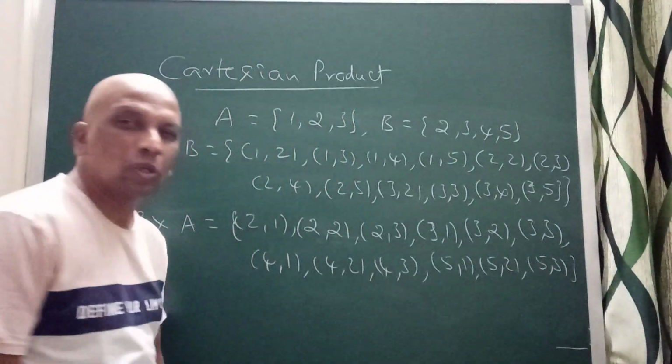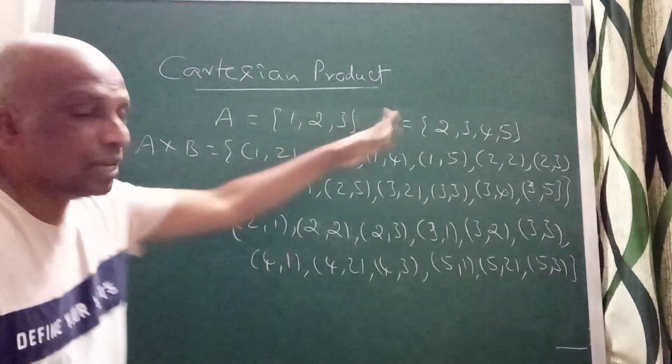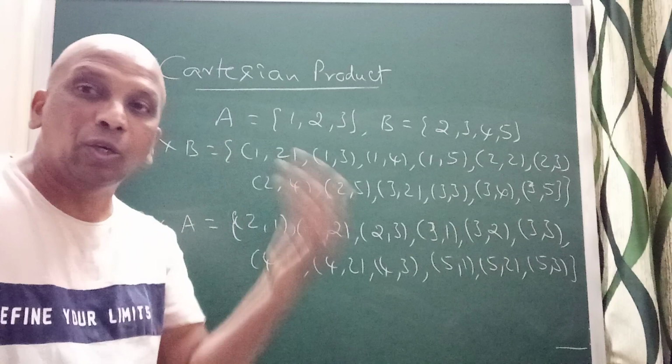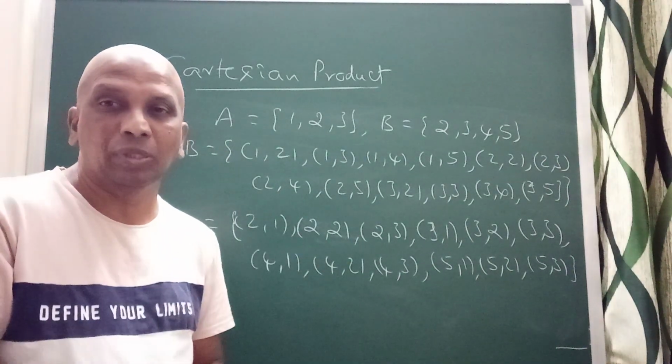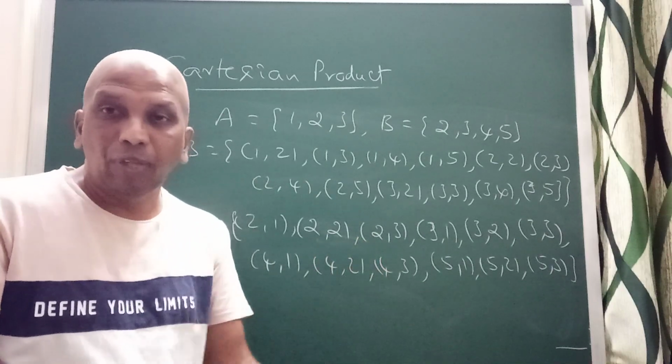If they give a finite number of elements, it's easy to find. If they give bigger sets, it's difficult to write A cross B and B cross A and find the common elements.